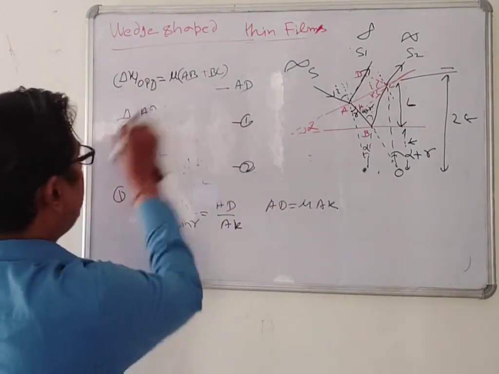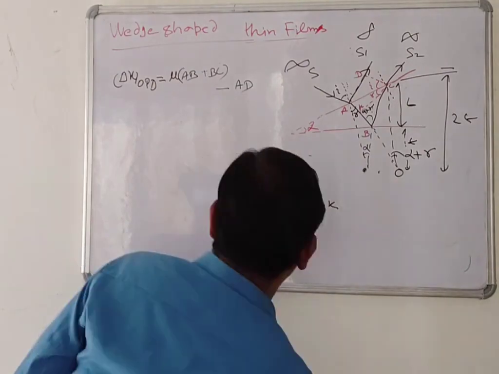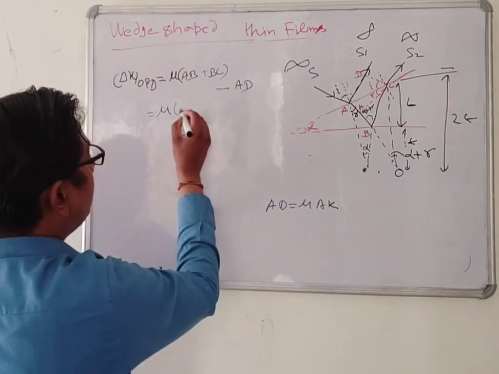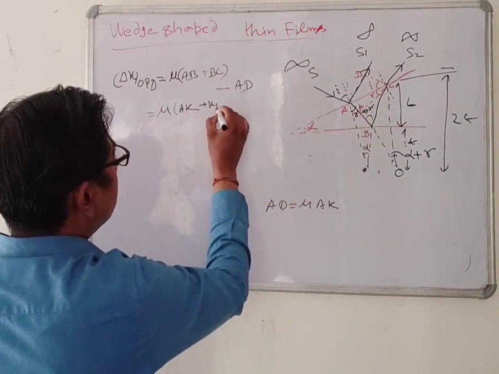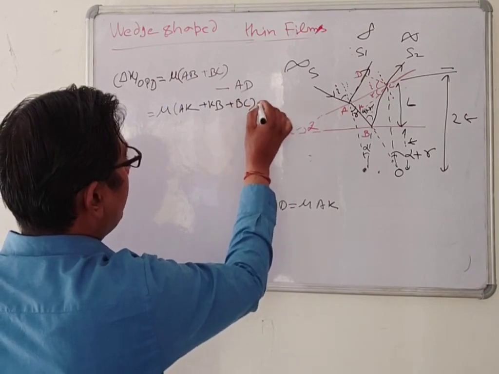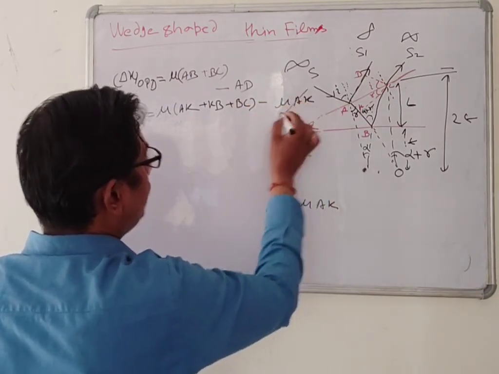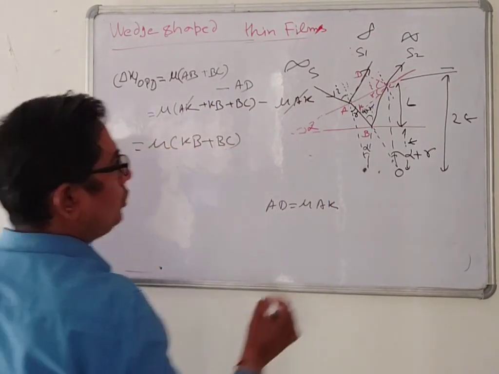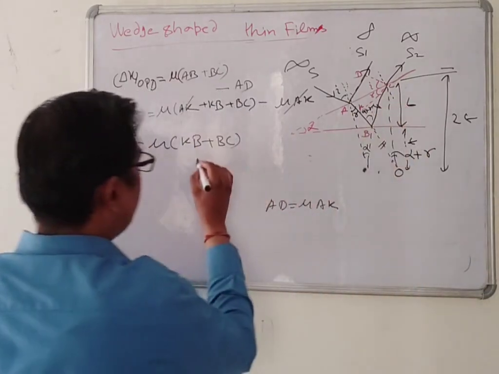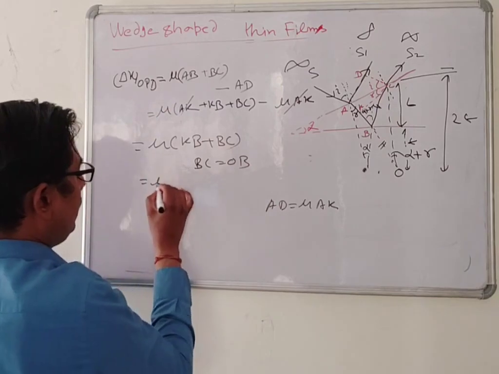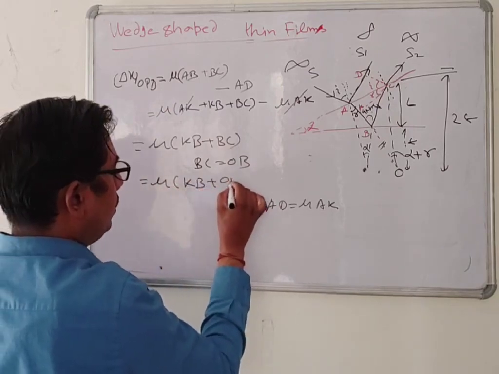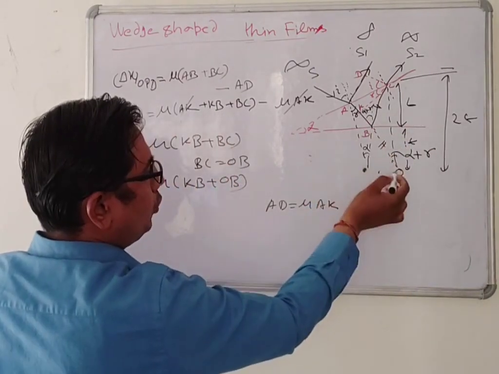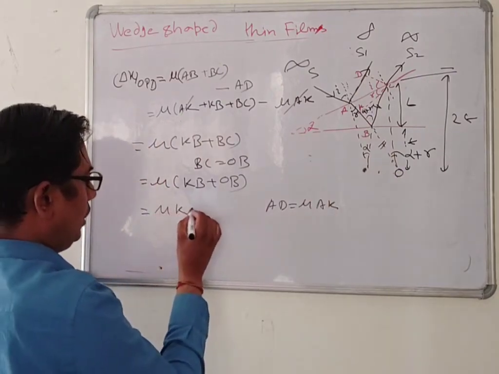Now when you put this value in the path difference, mu AB you can write as mu AK plus KB, plus BC, minus mu AK. This one cancels out, leaving mu KB plus BC. You know that BC is equal to OB. You can write mu KB plus OB, and KB plus OB you can write as KO, so mu KO.